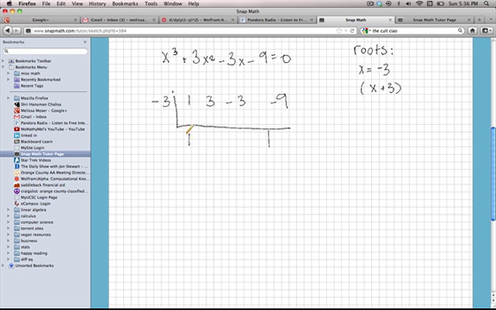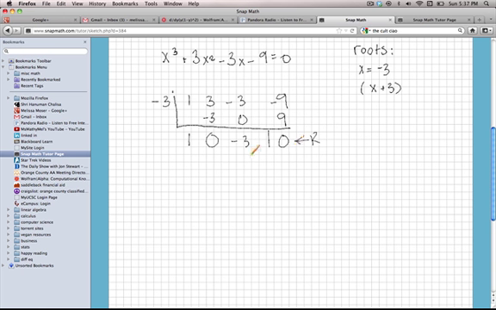Let's go ahead and drop down this first term, multiply, and put the product up here. And we are going to add, multiply, and put the product up here. And we are going to add, multiply, and put the product up here, and then add down. And yes, we did get 0 for our remainder.